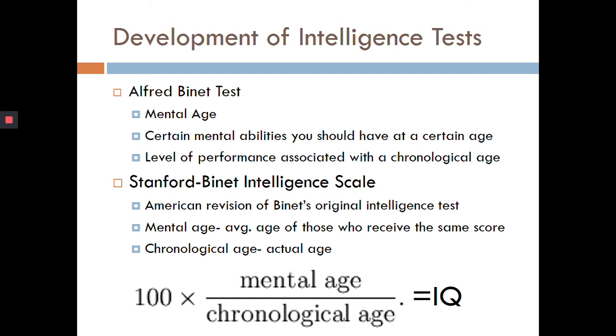So he came up with this concept of a mental age, which is that at a certain age, you should have certain mental abilities that you have developed. With this mental age test, your level of performance is associated with your chronological age. So the average 9-year-old should have the mental age of a 9-year-old. If you're below that, like at the mental age of a 7-year-old, you're going to have trouble with schoolwork.